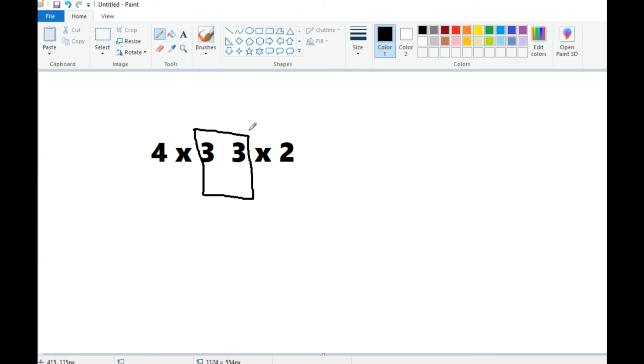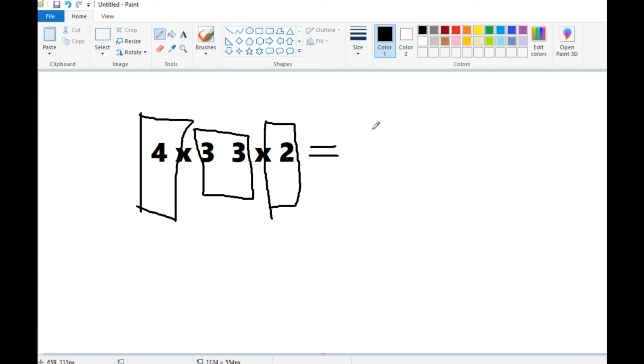So what will be the size of the resulting matrix? That's a good question. The size of the resulting matrix will come from both ends, so you will arrive at a 4 by 2 matrix.